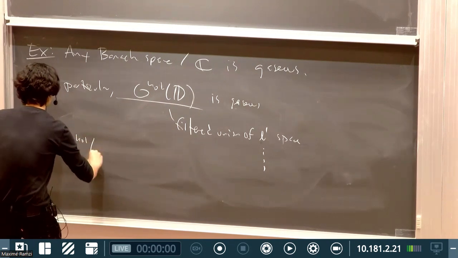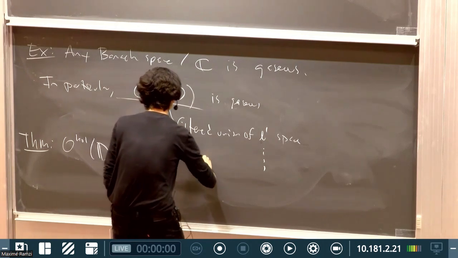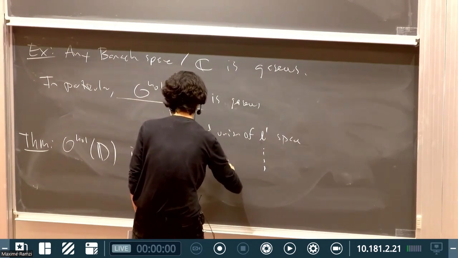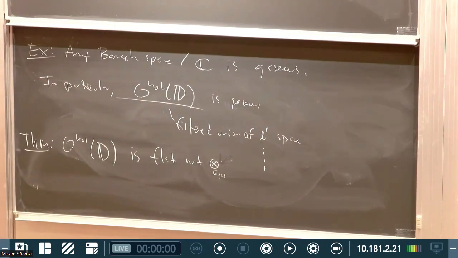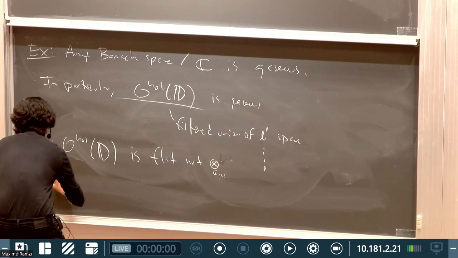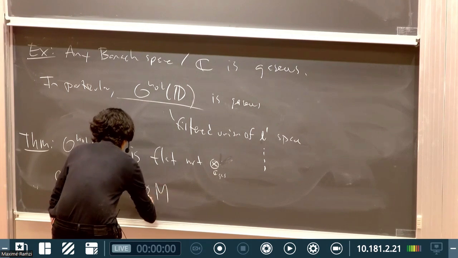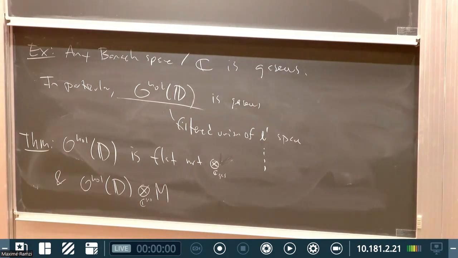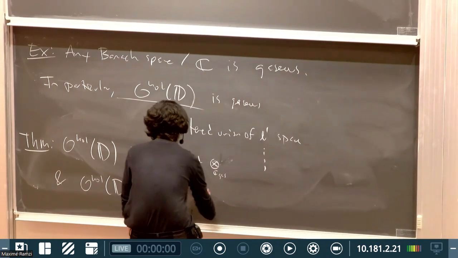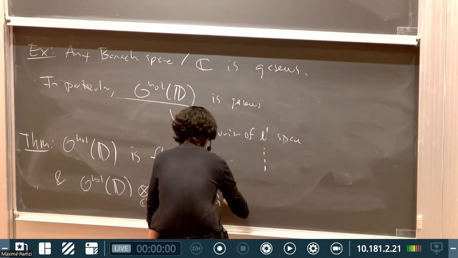Okay, but speaking of this guy, which is of course our most important guy, here's a theorem. Holomorphic functions on D is flat with respect to the gaseous tensor product over C gas. And you can actually calculate what tensoring with it does. Holomorphic D tensor any gaseous M can always be written as a filtered colimit of spaces of null sequences, a sequential colimit of spaces of null sequences.